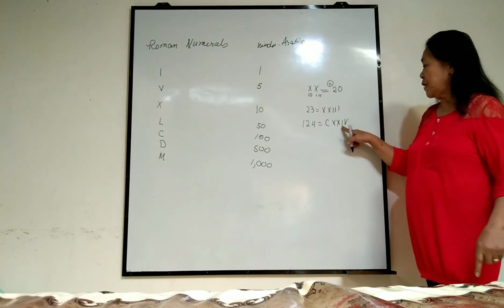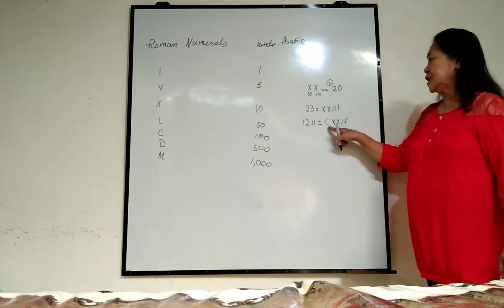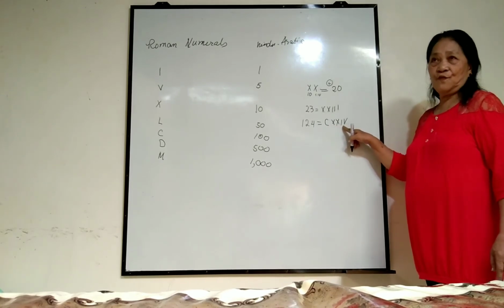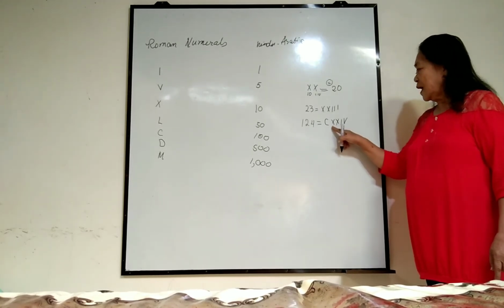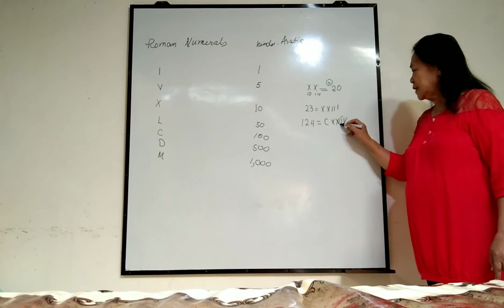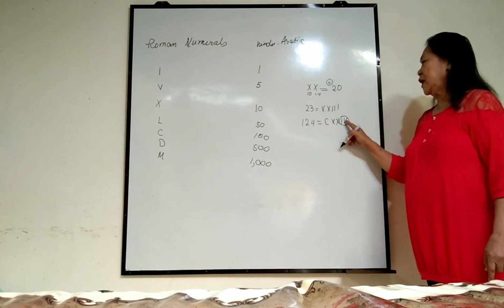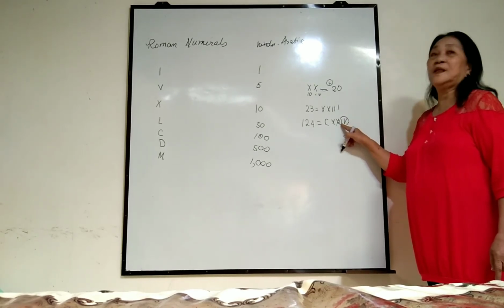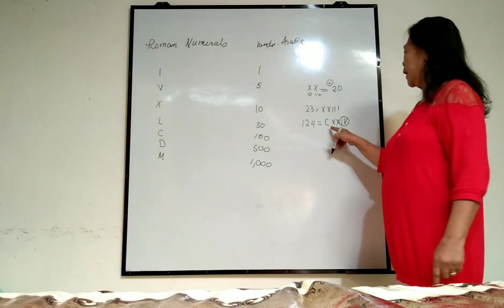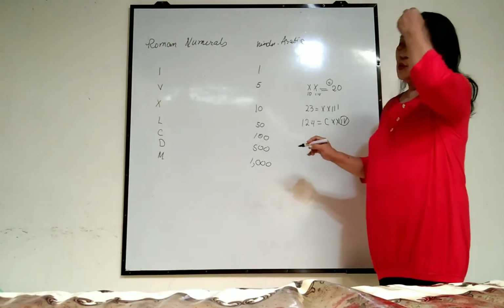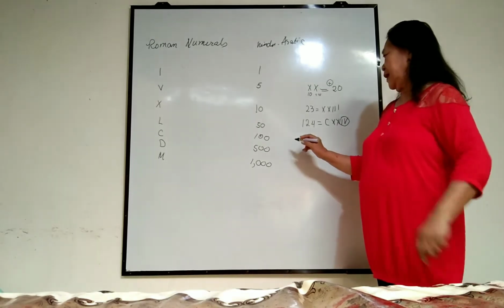So this is 5 minus 1 is 4. So this is 124. This one you add, but this one you're going to have 5 minus 1 is 4. So you have 124.